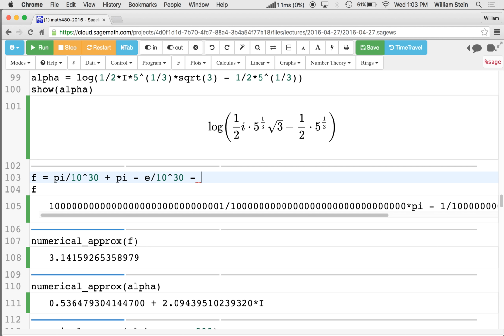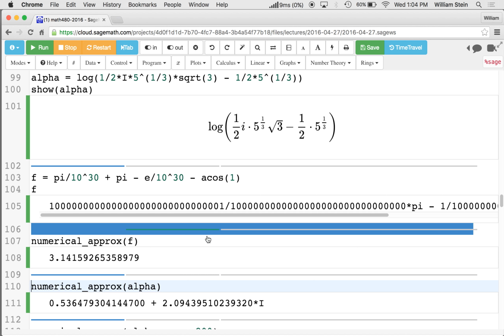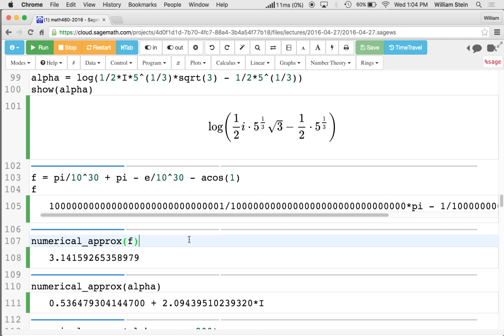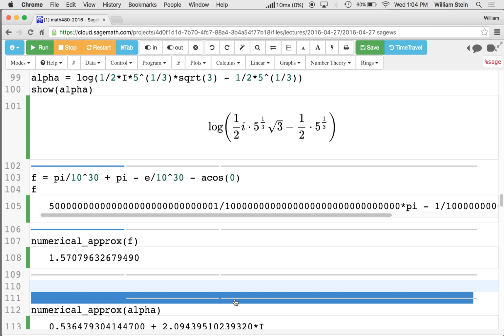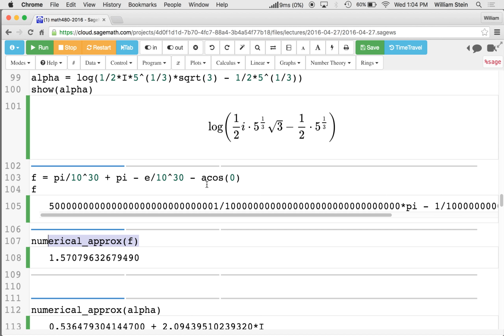Maybe like arc sine of... I'm not coming up with something really good off the top of my head.